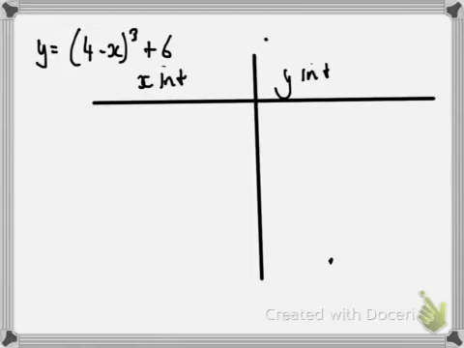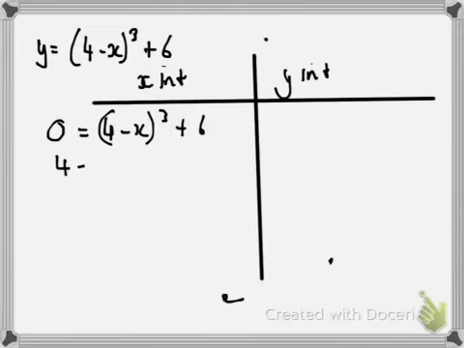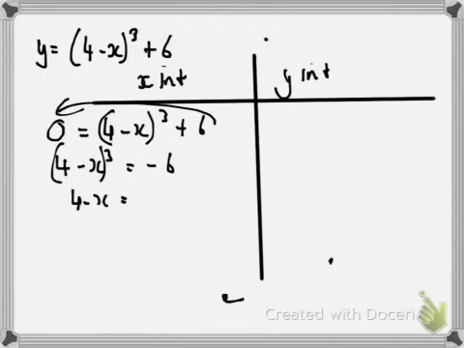X-intercept, make y equal 0, so we get 0 equals 4 minus x cubed plus 6. So that means 4 minus x cubed equals negative 6 if we take that to the other side. Therefore, the cube root of both sides, so 4 minus x equals the cube root of negative 6.